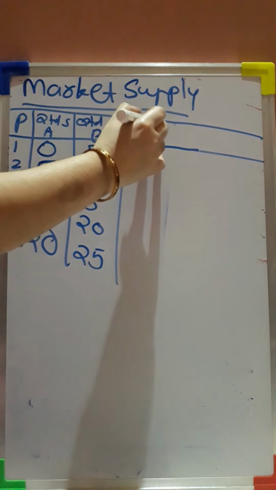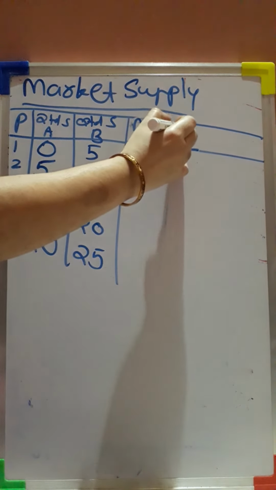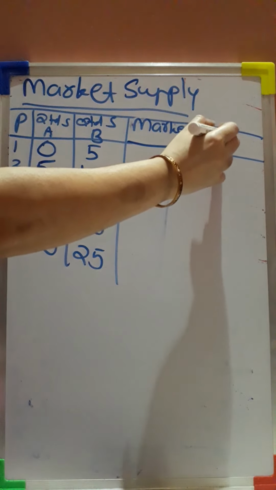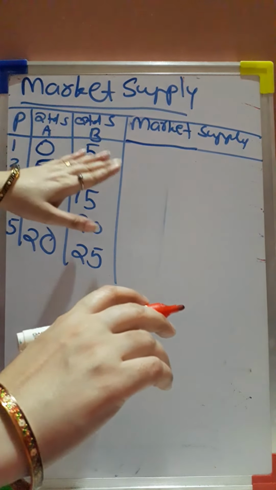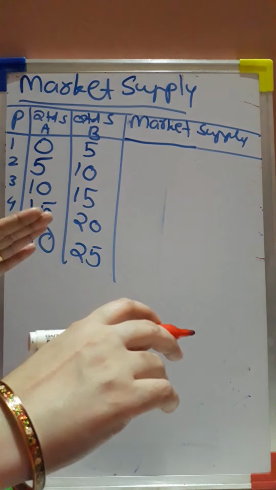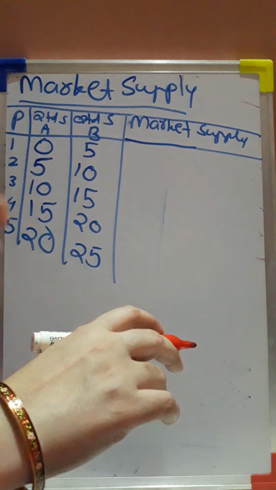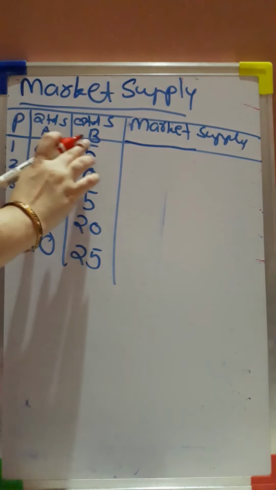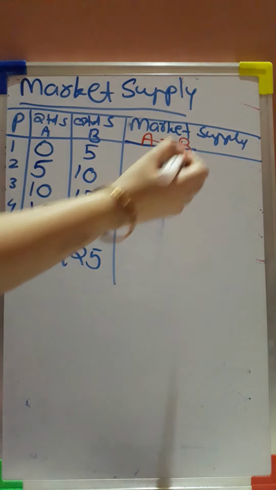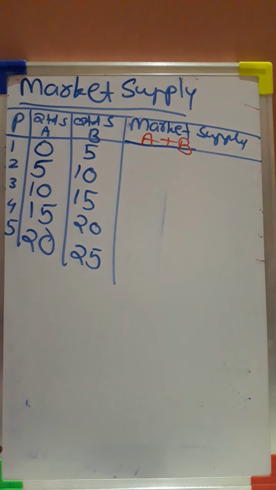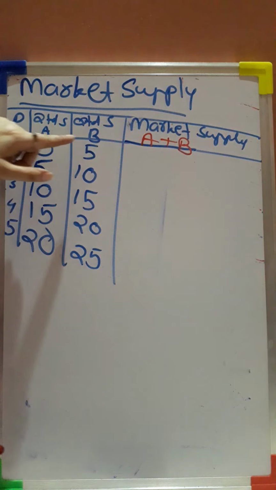Now we have to find out what the market supply is. So again the thing will be the same as I told you. Market supply means the total quantity of commodity supplied by all the producers at a given price and time in the market. So here there are 2 producers, producer A and producer B. At different prices, whatever the supply of producer A and producer B is, that we will add.